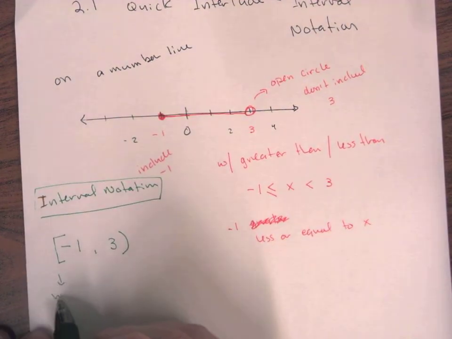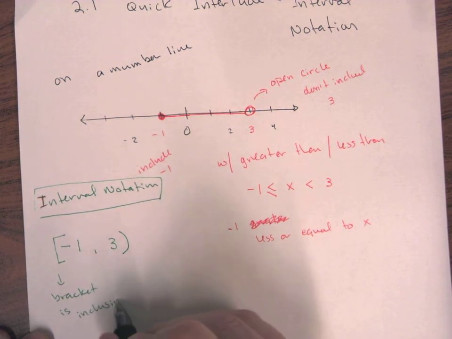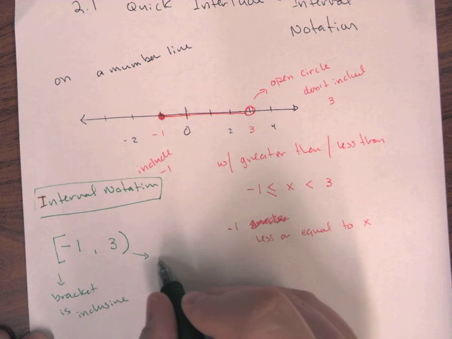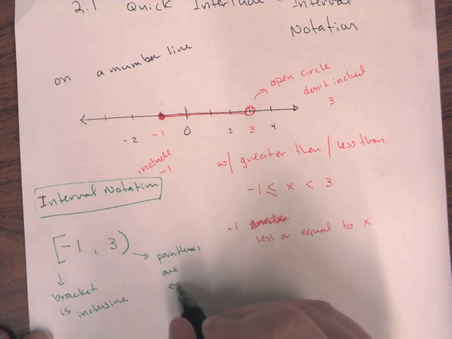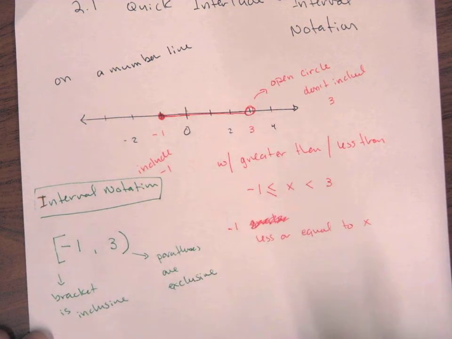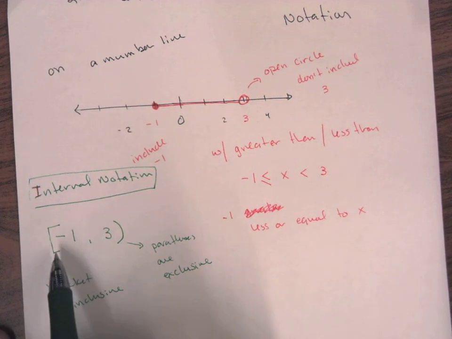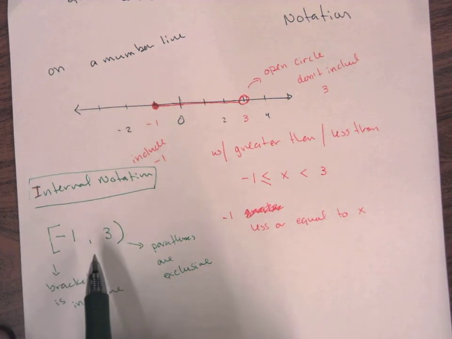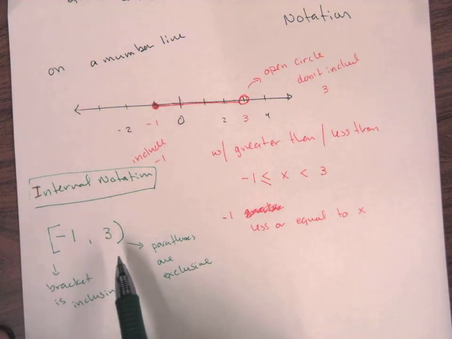So bracket is inclusive, so we're including the -1, and our parentheses are exclusive. So this would be all the numbers that are between -1 and 3, including the -1, but not including the 3. So you'd have, decimal style, like 2.9, 2.95, 2.98, 2.9892, going closer and closer and closer to 3, but you would never technically hit the 3.